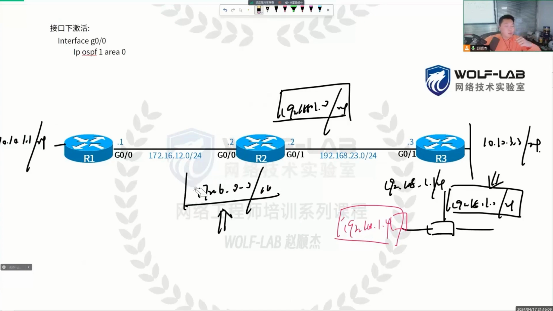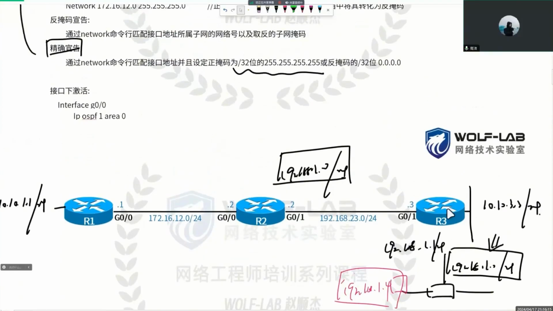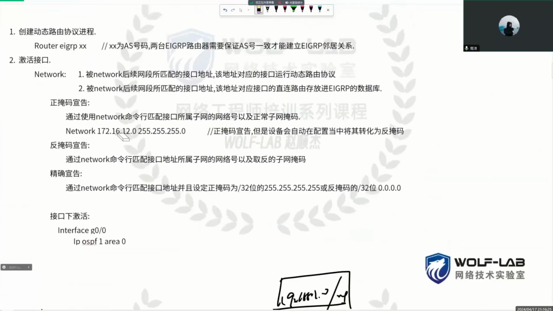You say, for example, you declare accurately on the R3 side 192.168.1.1 with 32 bits. Then if I connect a 1.2 below, you said it can pass, right?